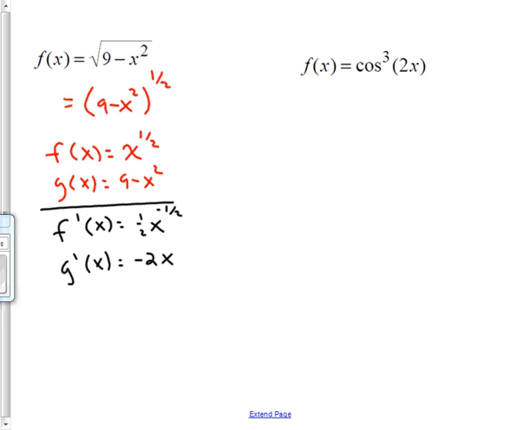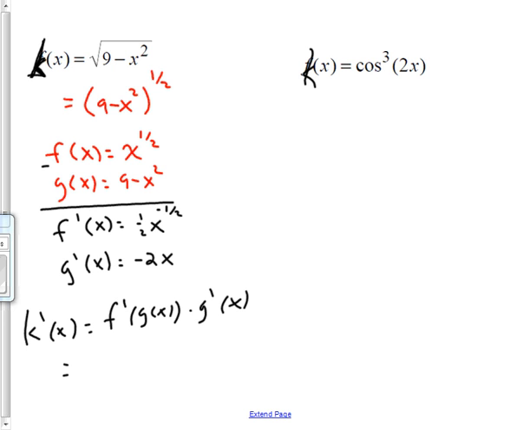So the derivative, and I know that I'm using f twice, so for now, to not get confused, let's just think of that as k of x. So k prime of x is going to be f prime of g of x times g prime of x. So the derivative of the outer composed with the inner times the derivative of the inner.